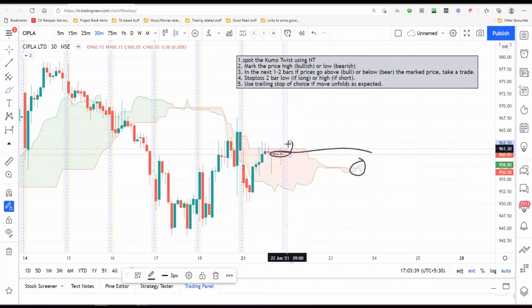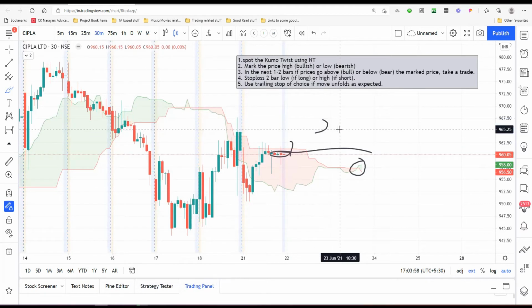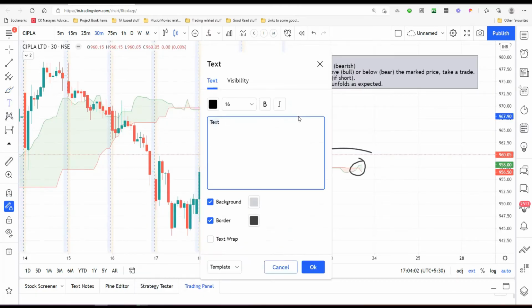This level is about 960. So if prices are above 960 tomorrow, then you buy.